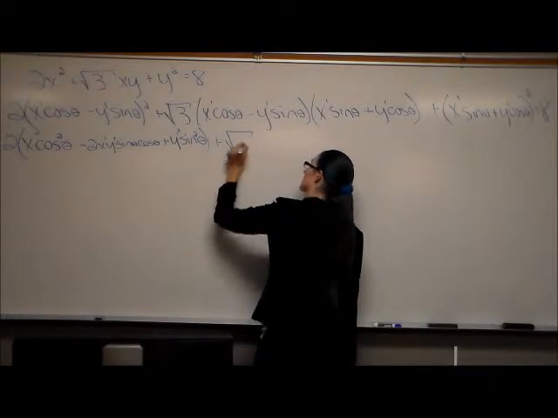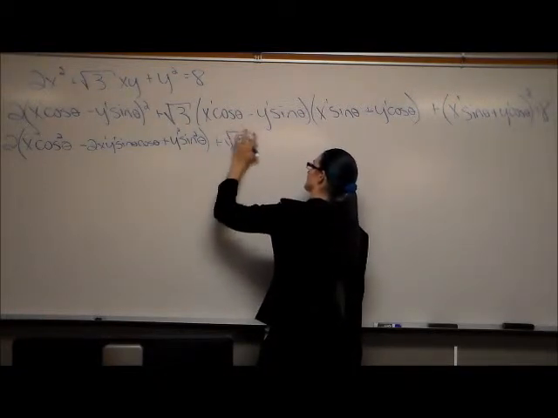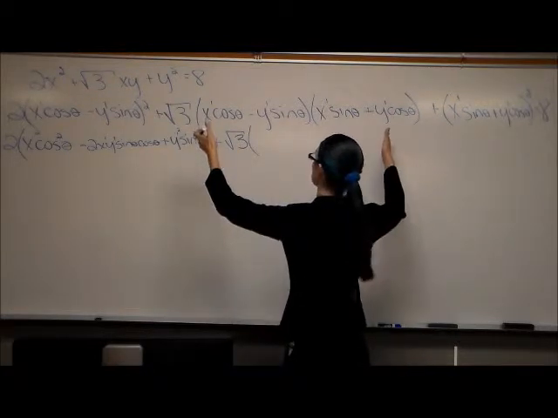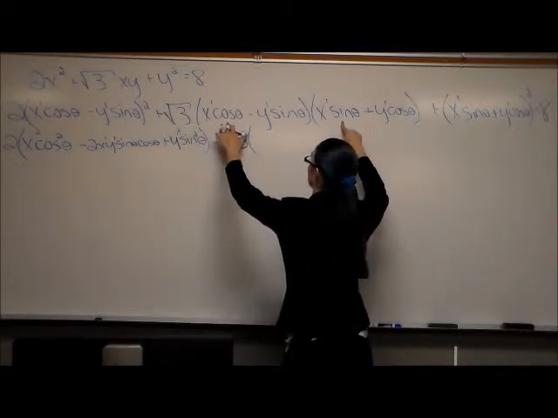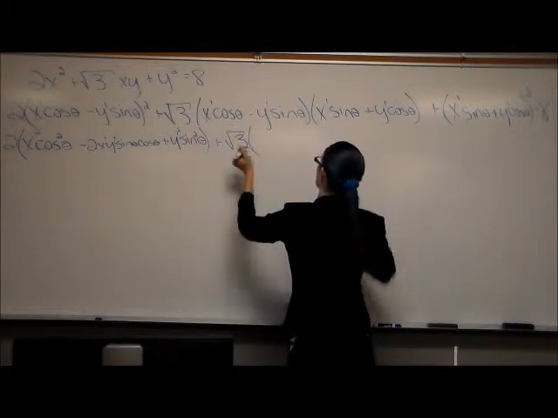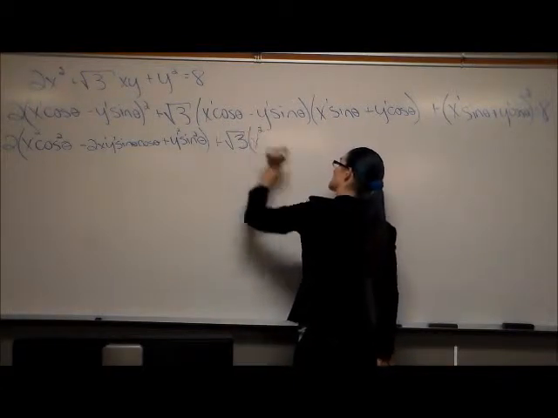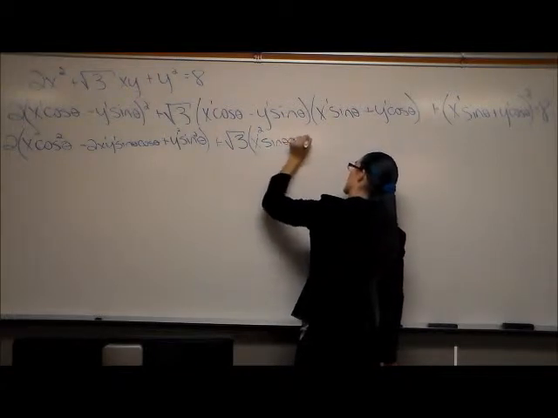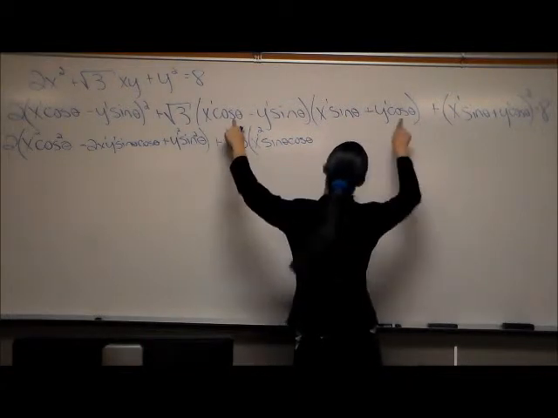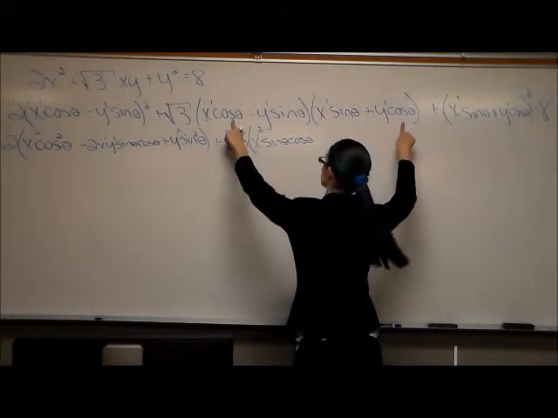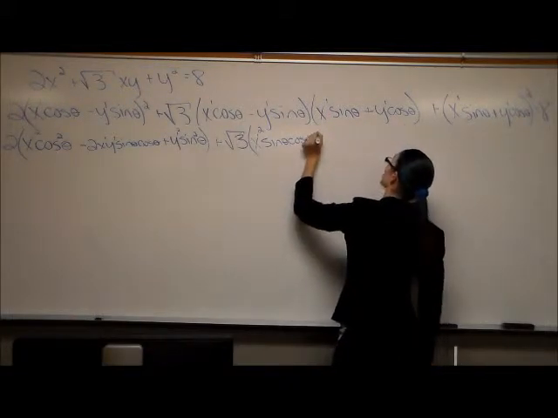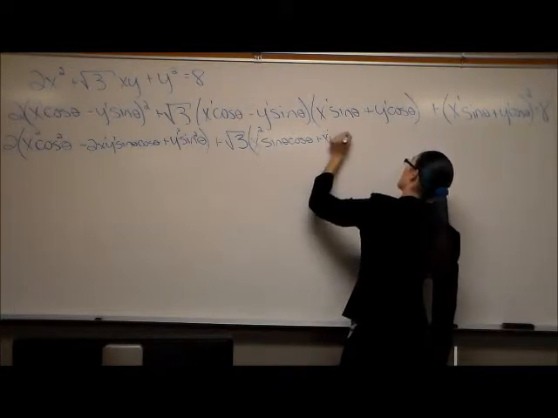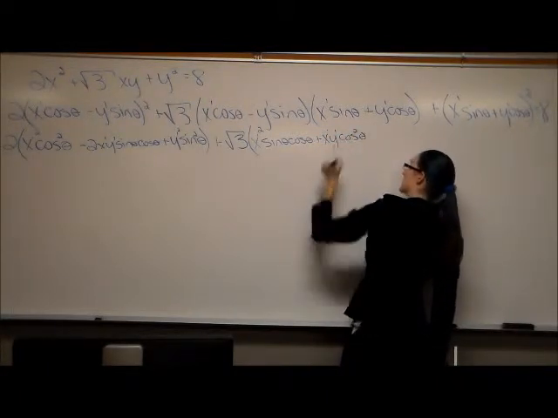Plus square root of 3 times, and we're multiplying these together, so we're FOILing here. X prime cosine times x prime sine, x prime squared sine theta cosine of theta. First times last gives me plus x prime y prime cosine squared of theta.